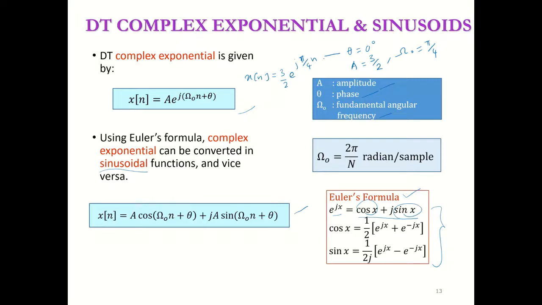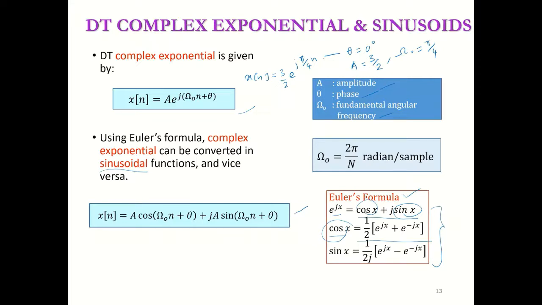And we have another 2 terms, which are, the first one is cos x. We can convert cos x into exponential by using this expression, half times e^(jx) plus e^(-jx).